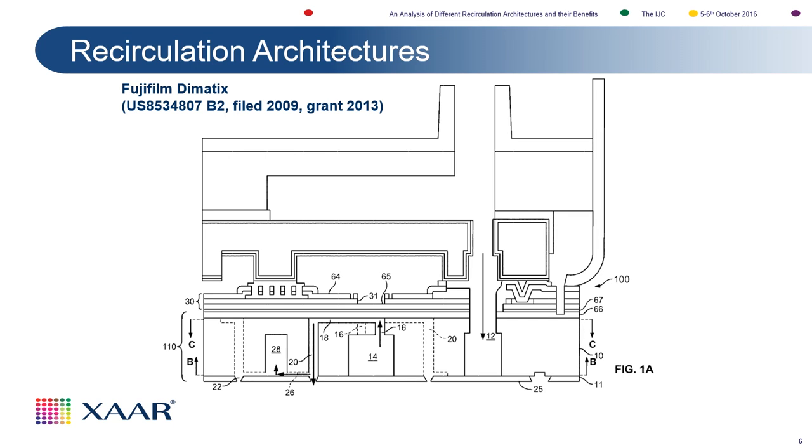What I'm going to do, and this will obviously start off complicated, is reference publicly available information, so patent drawings. That is from Fujifilm Dimatix, filed in 2009, granted in 2013, and that is their drawing. It looks quite complicated, but we can point out some of the common features.